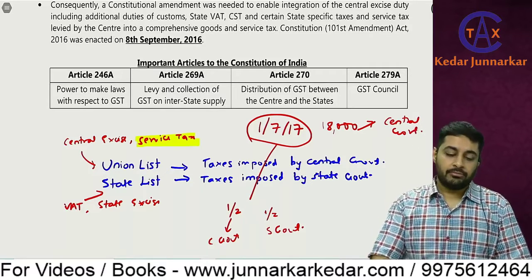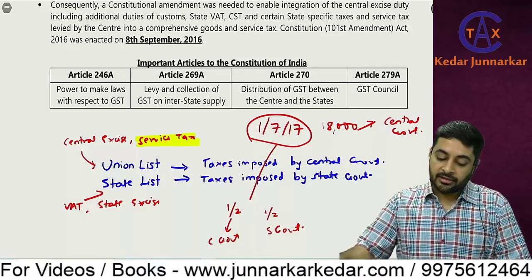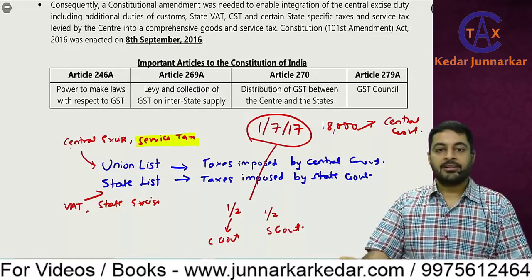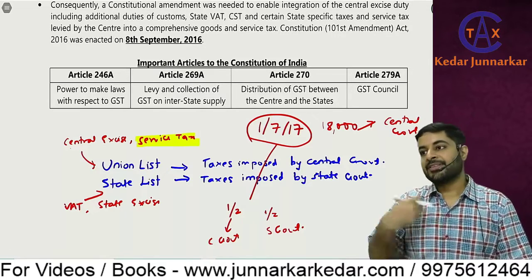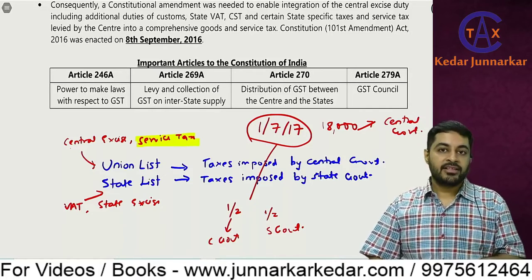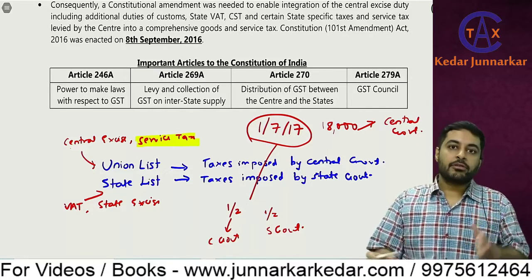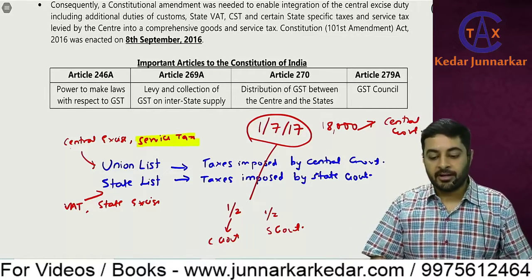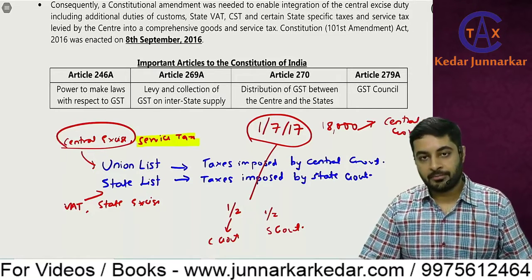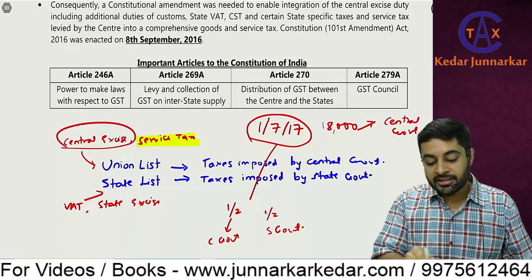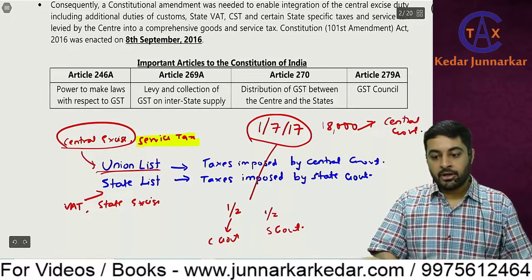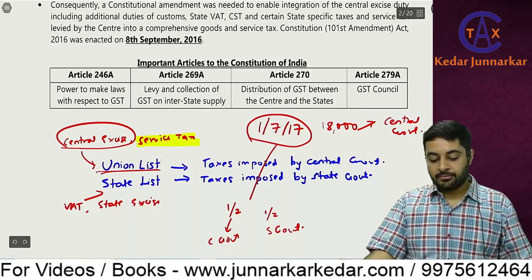State list should allow. Then earlier central excise was to be collected only by central government. Now when I am selling you manufactured goods, I am charging GST, where half will go to state government, half will go to central government, whereas earlier 100% revenue would have gone to central government. So services and manufacturing were only in union list, so they have to be added in state list also.